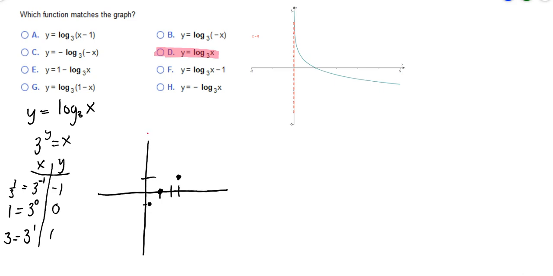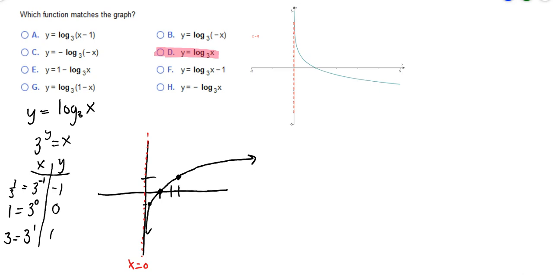This log function has a vertical asymptote at x equals 0. And the domain of logs only goes from 0 to infinity. So you're going to see the graph of this function is only on the positive side of that y-axis.